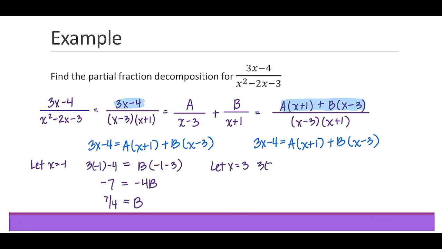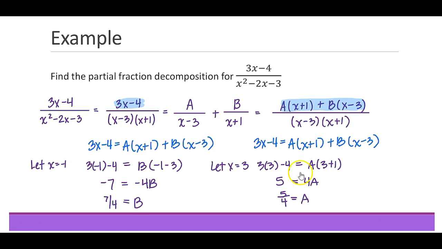Now I have 3 times 3 minus 4 equals a times (3 plus 1), and then plus 0. And so what we have on the left is 9 minus 4, which is 5, equals 4a. And then dividing both sides by 4, I get a is equal to 5/4.